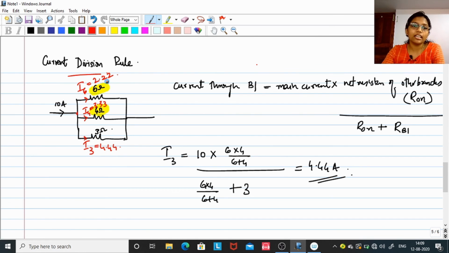Let us check the current coming out: 2.22 plus 3.33 plus 4.44 is about 9.99. Whatever amount of current enters the parallel combination gets out of it. Here we get 9.99, approximated to 10 amperes itself.